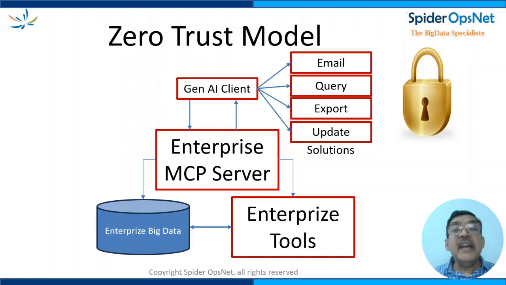Enterprises must define action boundaries, what an AI can and cannot do. Introduce rate limits to prevent runaway loops. Adopt a zero trust model. Treat every agent action as untrusted until validated by a human.